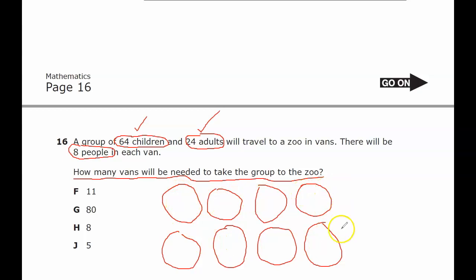We're just going to do one child at a time until we get to 64. 1, 2, 3, 4, 5, 6, 7, 8, 9, 10, 11, 12, 13, 14, 15, 16, and keep going until you get to 64. Alright, when you divided all those 64 up, you should have had 8 in every circle.